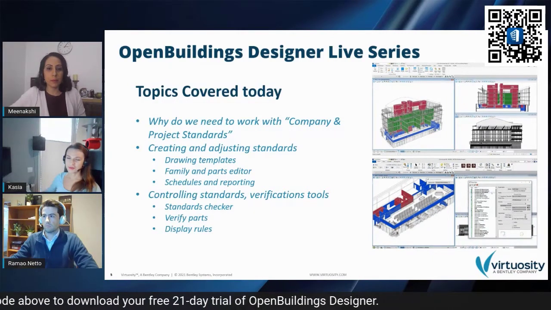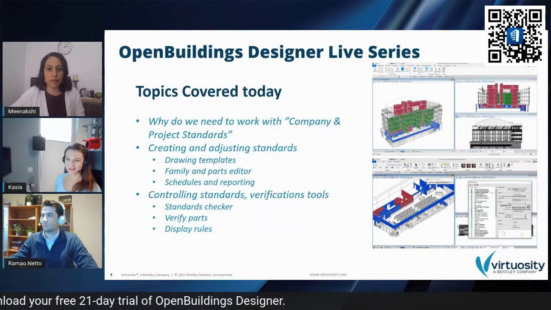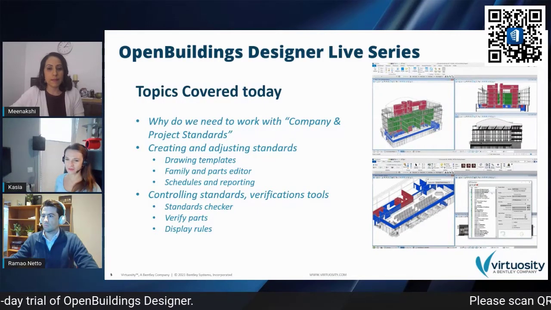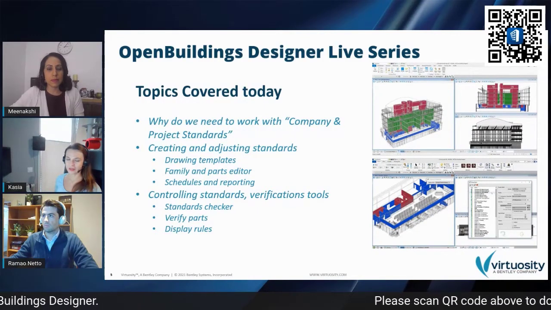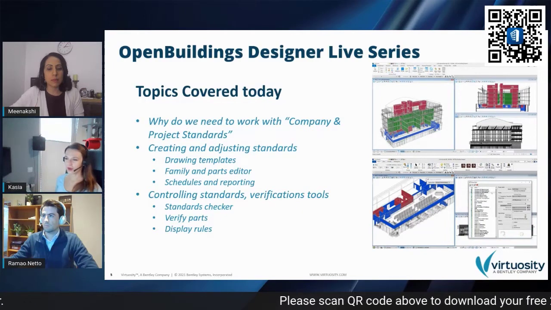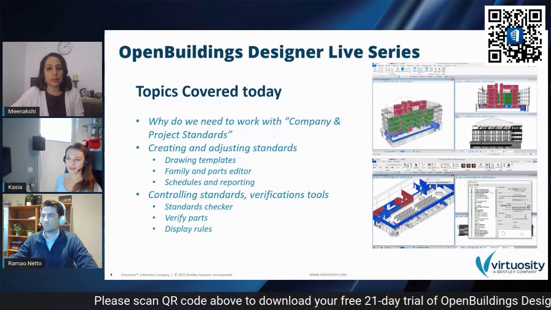Yeah, so when we want to talk about project standards in general, it really is a very wide topic. So we can mean a variety of aspects, starting from what kind of standards.